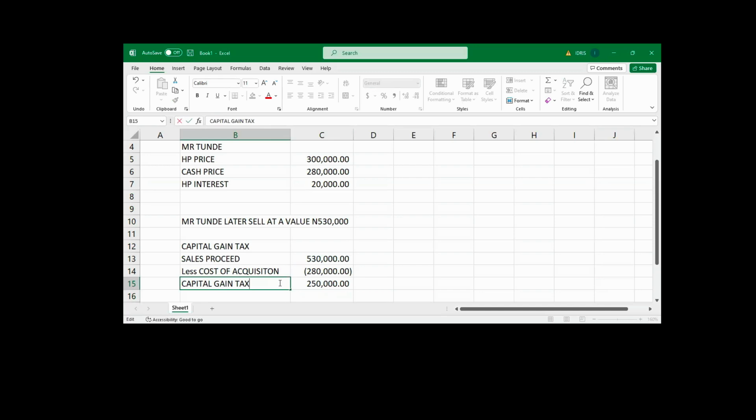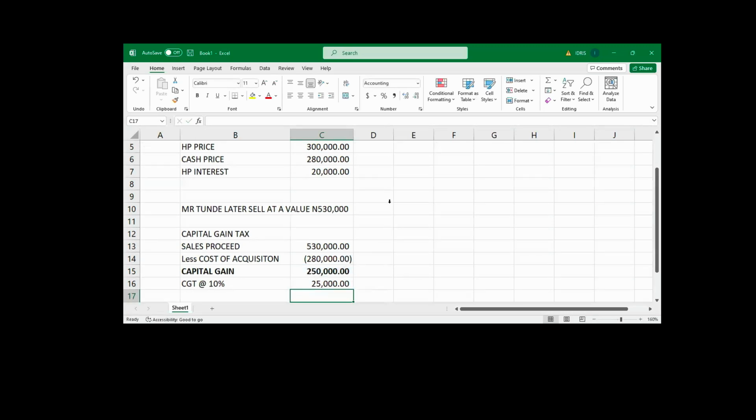So our capital gain is 250,000. So your CGT at 10% is going to be what? 10% of 250,000, which is 25,000.